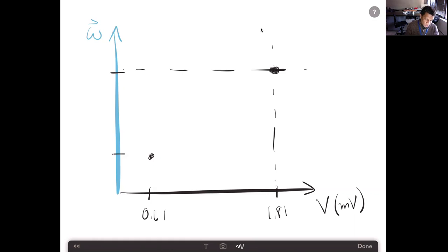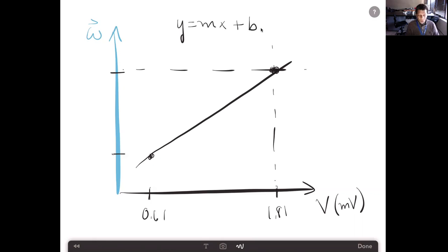And we're going to develop a line here and know that this line is still y equals mx plus b.